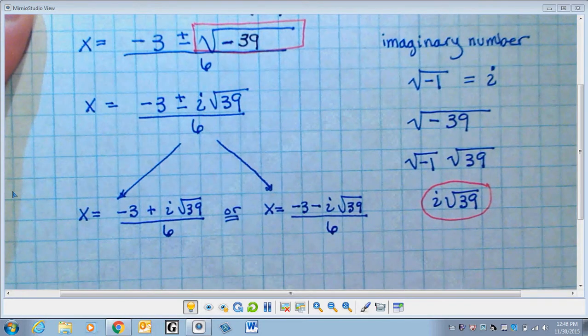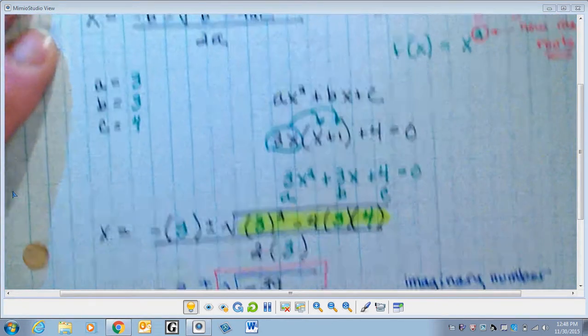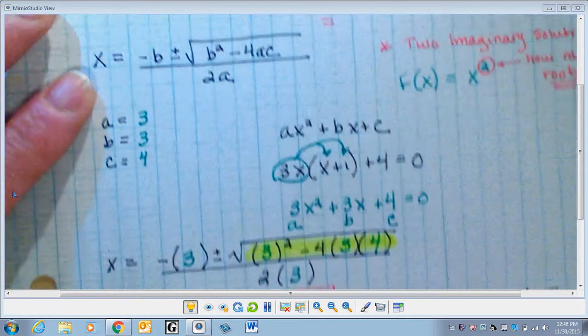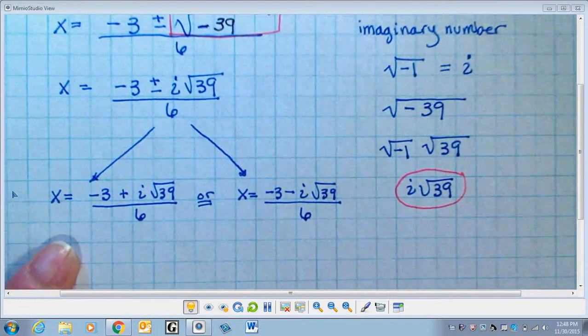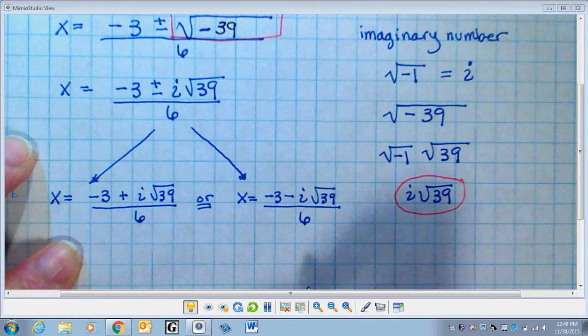There is no way we can get the calculator to tell us that answer. So you have to know when and how to use the quadratic formula in order to get your roots. So these are what's called imaginary numbers. Imaginary doesn't mean pretend.